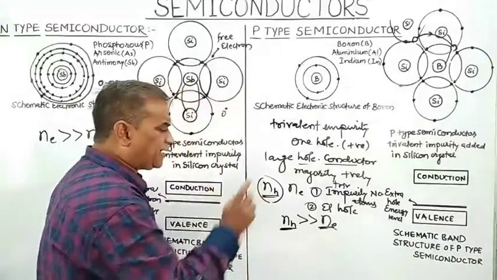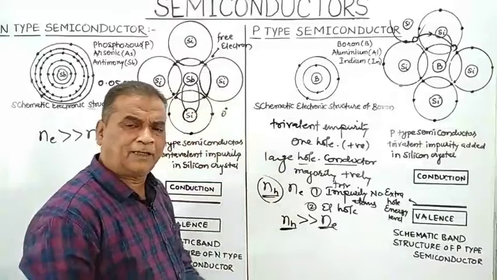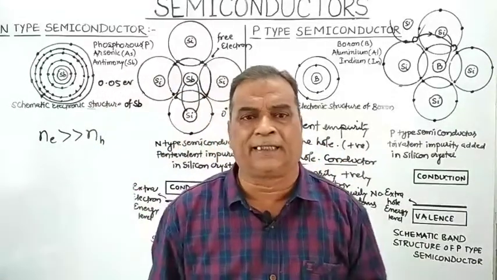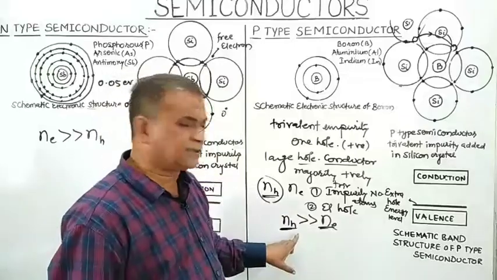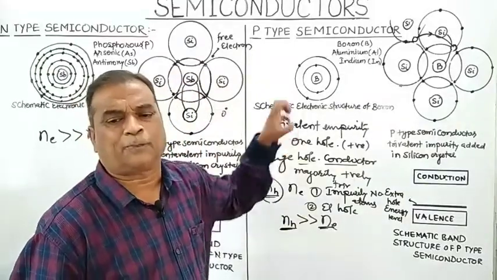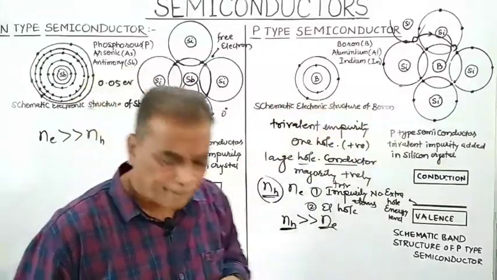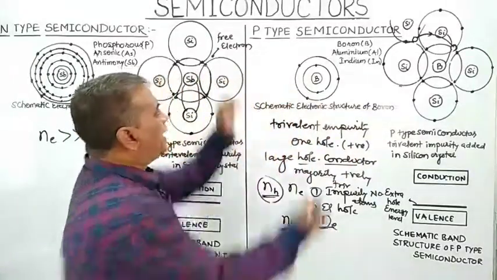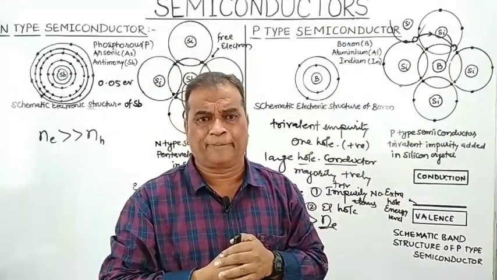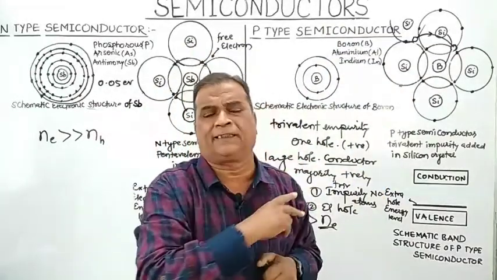Means in a P-type semiconductor, holes are majority charge carriers while electrons are what? The minority charge carriers, and the conduction of electricity is mainly due to what? It is mainly due to holes, which are positively charged particles. Remember, in any P-type semiconductor, when energy is supplied externally, two types of charge carriers are created.